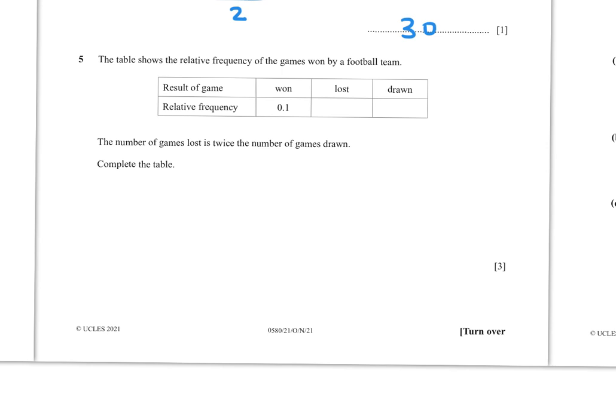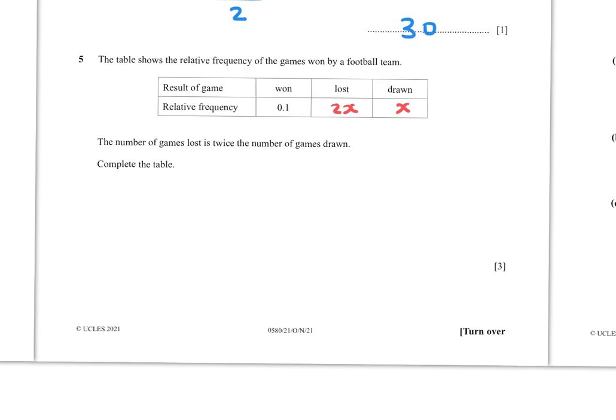Number 5. The table shows the relative frequency of the games won by a football team. The number of games lost is twice the number of games drawn. Relative frequency means probability. So we can write drawn as x, so lost is 2x.